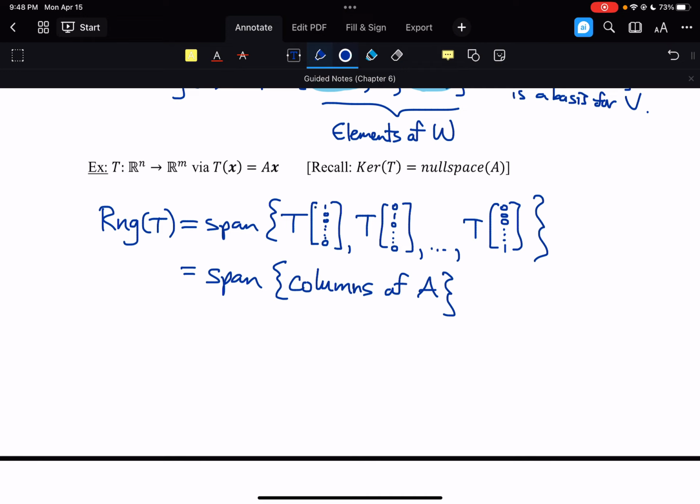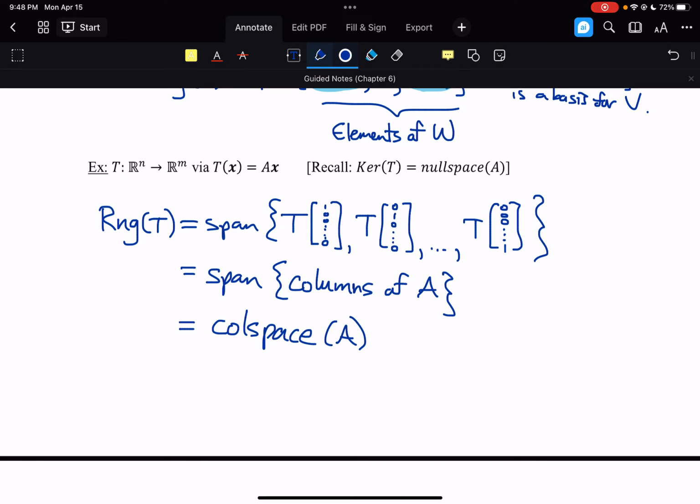This vector will transform into a column from A. And when you list all of them out together, it gives you all the columns of A. And the span of all the columns of A is the column space of A. So we saw that the kernel produced the null space of A, and now we see that the range produces the column space of A.